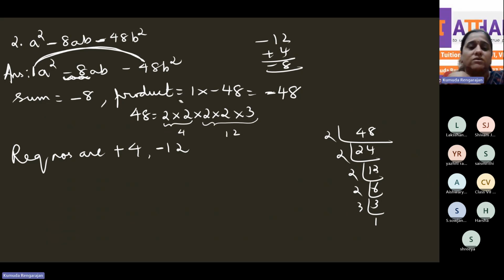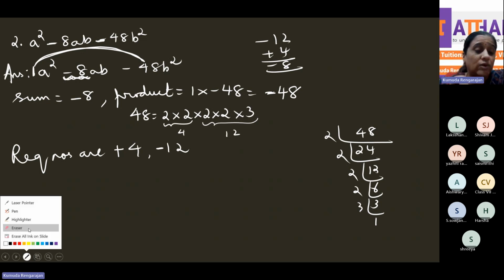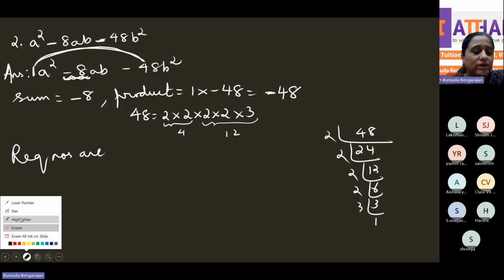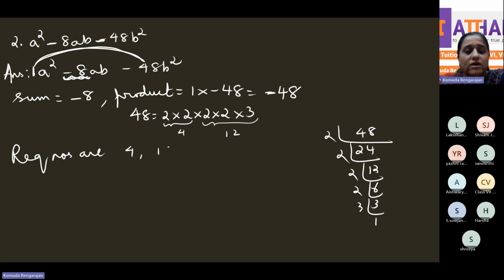If you feel it's difficult to identify the signs, I'll just tell you like this. Once you get the two numbers 4 and 12, what are the possibilities? It can be +4 and +12, or +4 and -12, or -4 and -12, or -4 and +12.